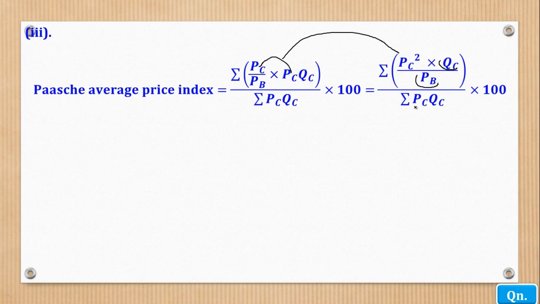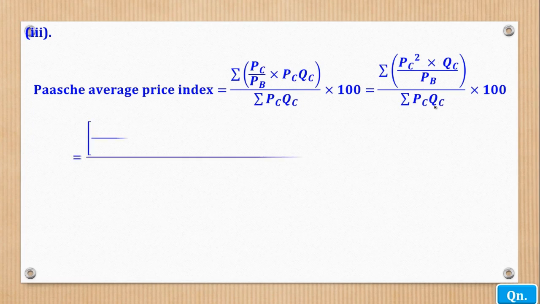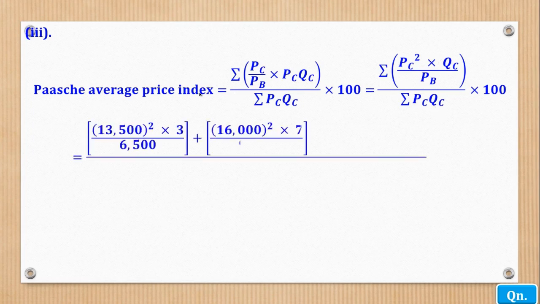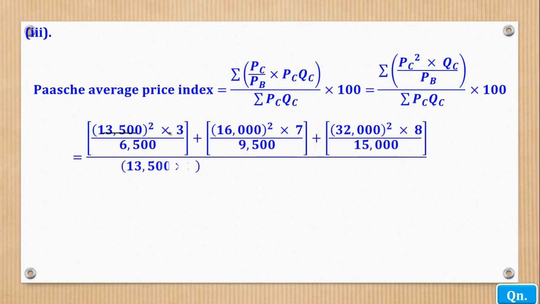Then for the denominator it will be PC Q C. So when I substitute, I'll come up with that: current price squared multiplied by the quantity in the current year, over the base price, repeated for each commodity.